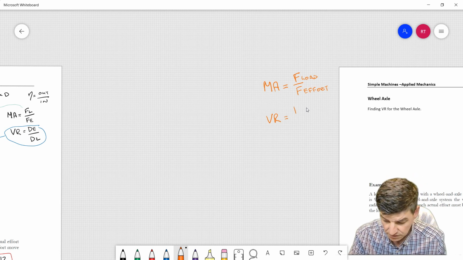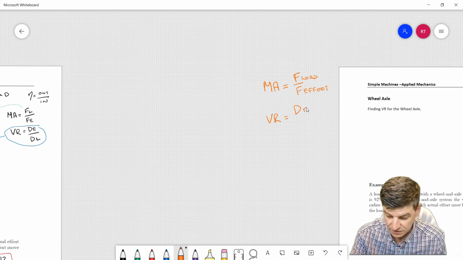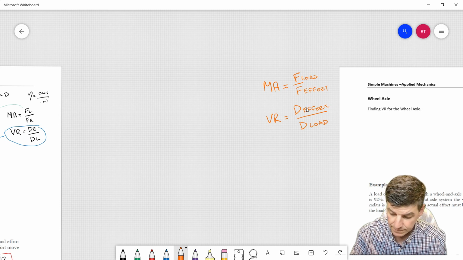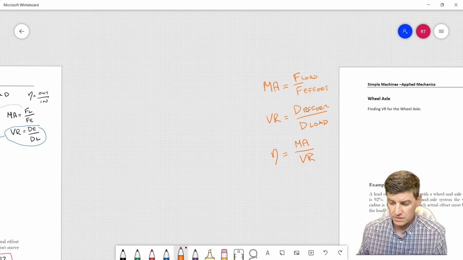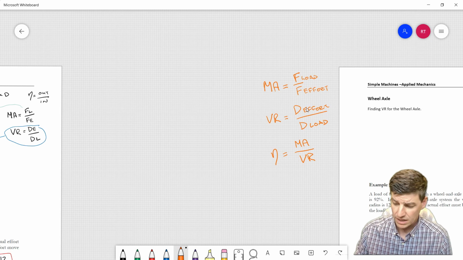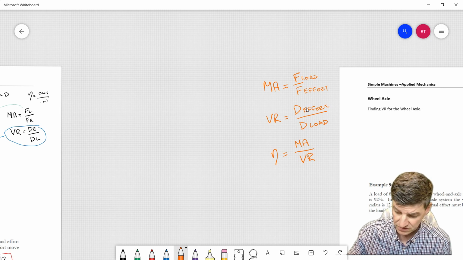So it was the distance that the effort moved compared to the distance that the load moved. And then I had an efficiency term, which was the measure of the mechanical advantage compared to VR, which is the geometry or the best possible effectiveness of that machine.